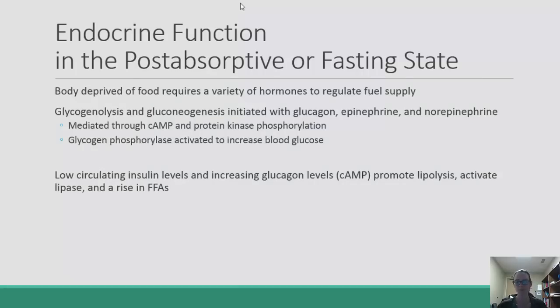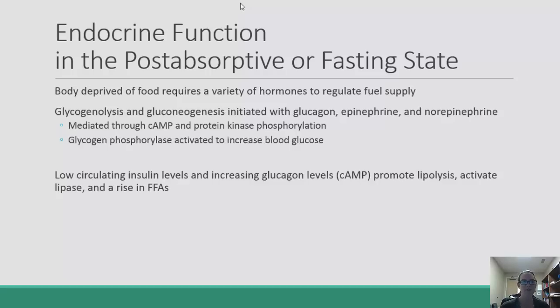Okay, so in this post-absorptive or fasting state, it's not as simple as the body just being regulated by insulin. Instead, the body relies on a variety of hormones to regulate food supply. At this point, glucagon, epinephrine, and norepinephrine begin to have more of an important effect, and these stimulate glycogenolysis and gluconeogenesis.